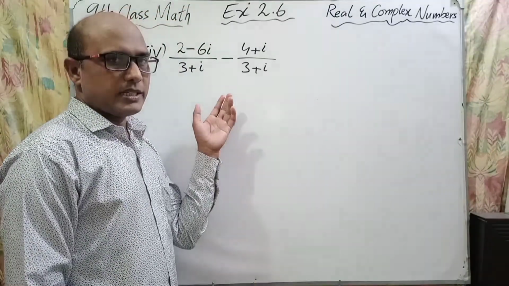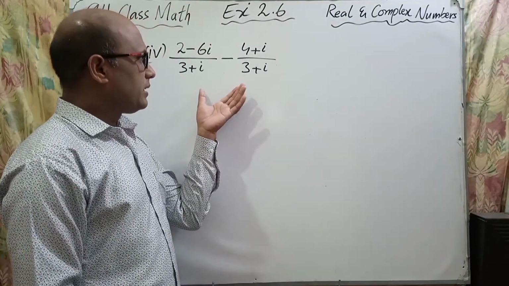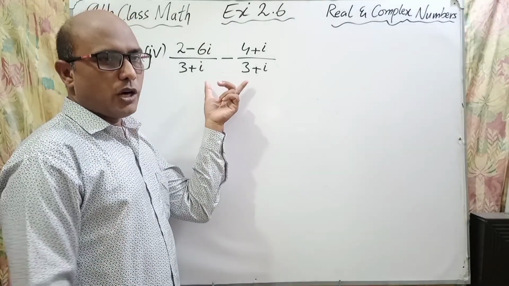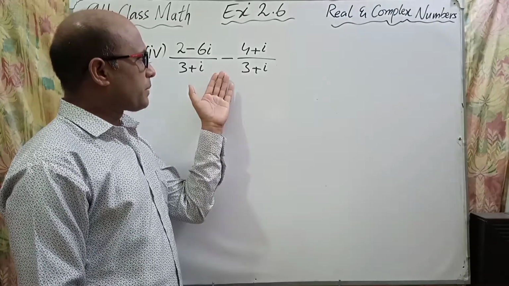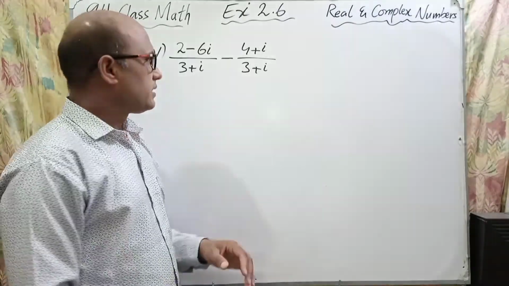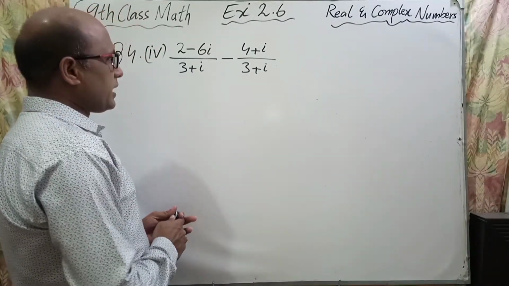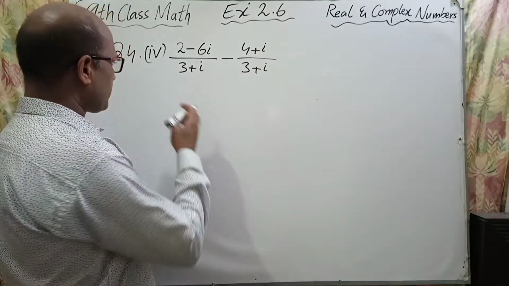Students, this is a complex number and it is in the form of fractions. There is a subtraction between the fractions. So students, let's see how to solve it.